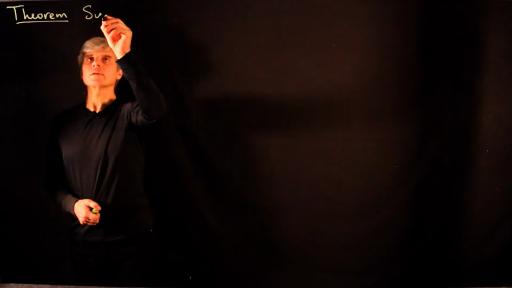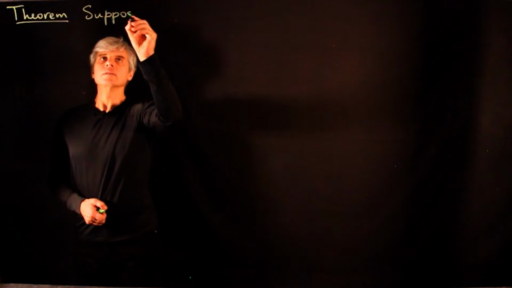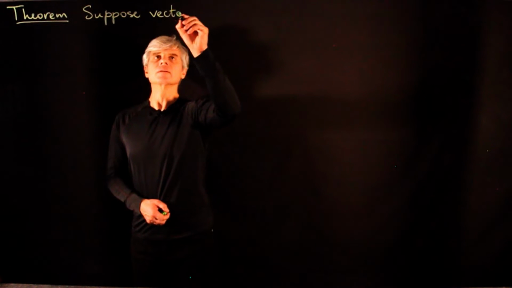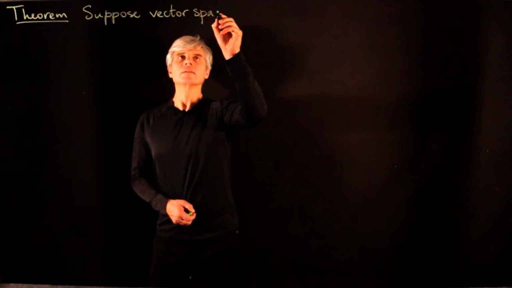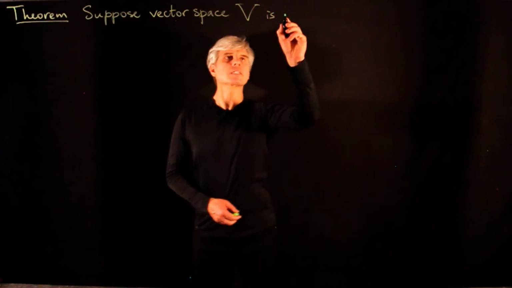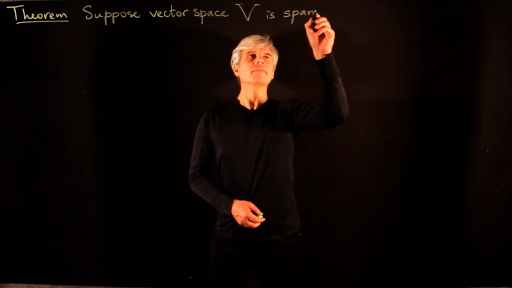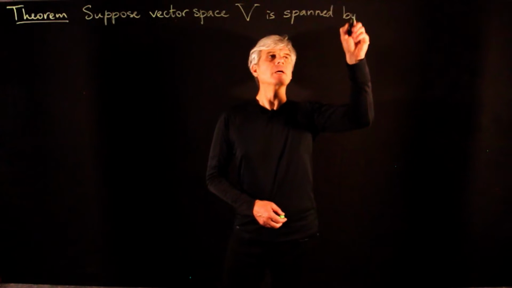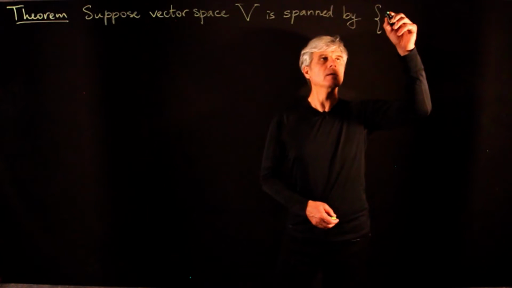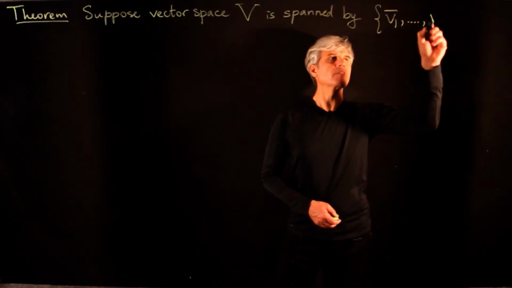Suppose the vector space V is spanned by the set of vectors v1 through vn.